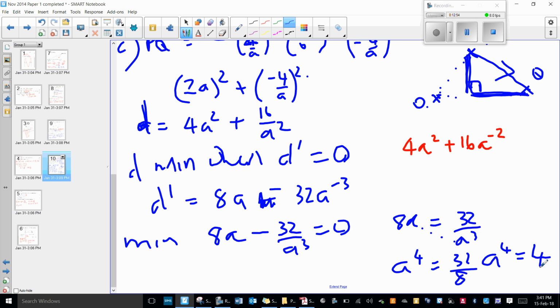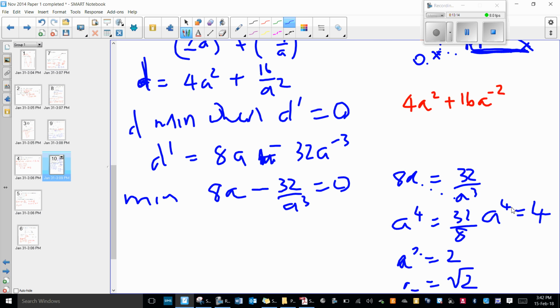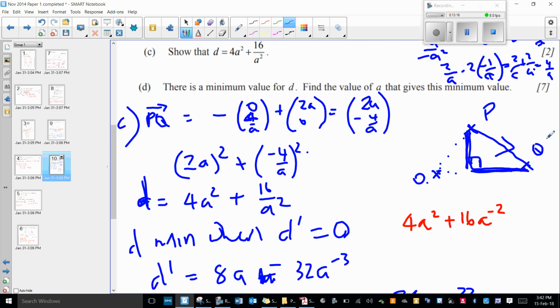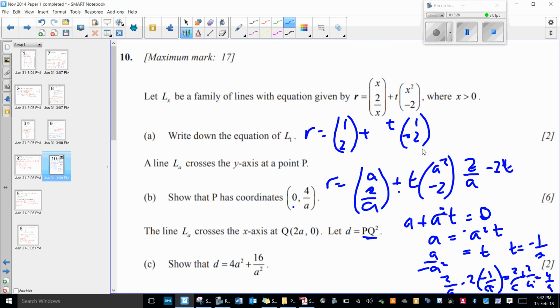Remember, if we're trying to fourth root it, we're square rooting it twice. So a squared would be 2. So a will be root 2. I think that's it.